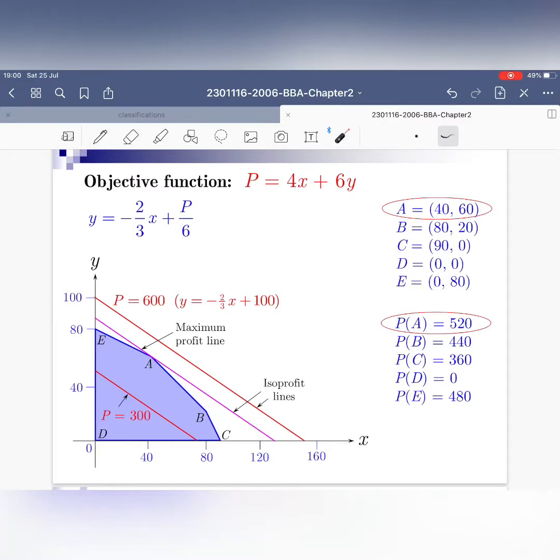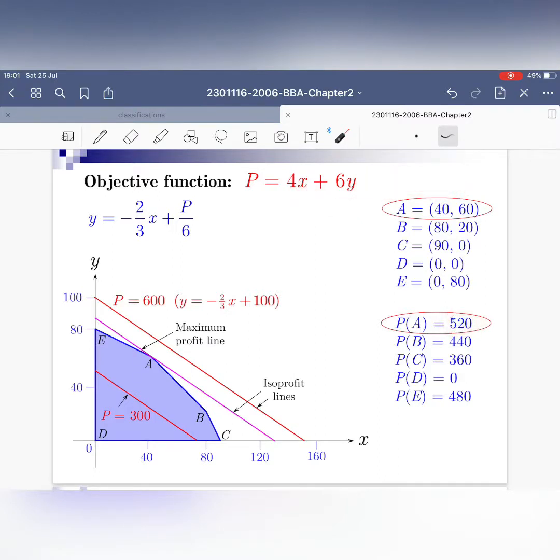So what you are going to do is plug in each and every point into your P. For example, at A, 4 times 40 we get 160, and 6 times 60 you have 360, so you get a total of 520.